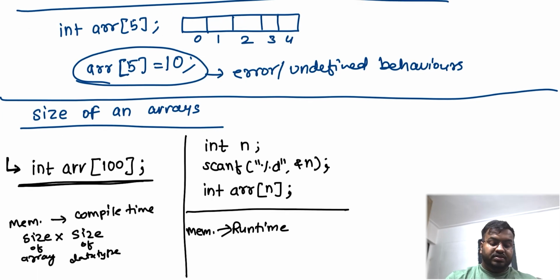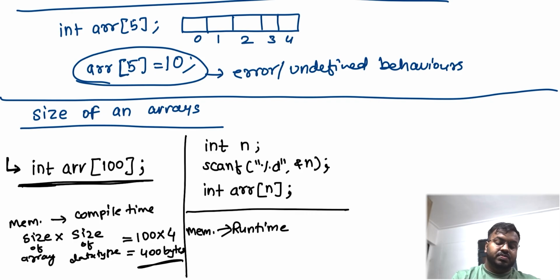For example, here the size of the array is 100 and the data type is integer, so the size of the data type will be 4, so a total of 400 bytes will be allocated to this array, and this happens at compile time. Means during the compilation process, this memory is allocated to this particular array.